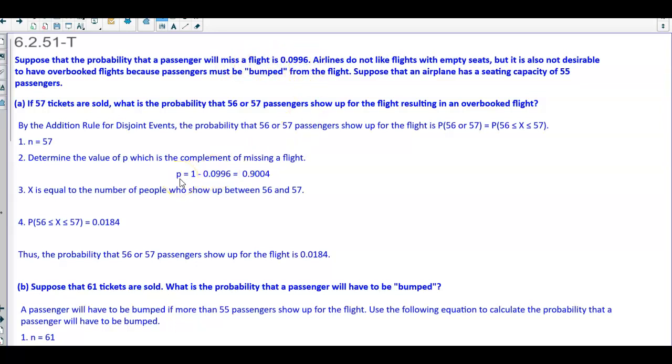So to find the complement, we take 1 and subtract 0.0996, which is equal to 0.9004. Therefore, x is the number of people who show up, between 56 and 57. So we want to find the probability that x is in between 56 and 57.